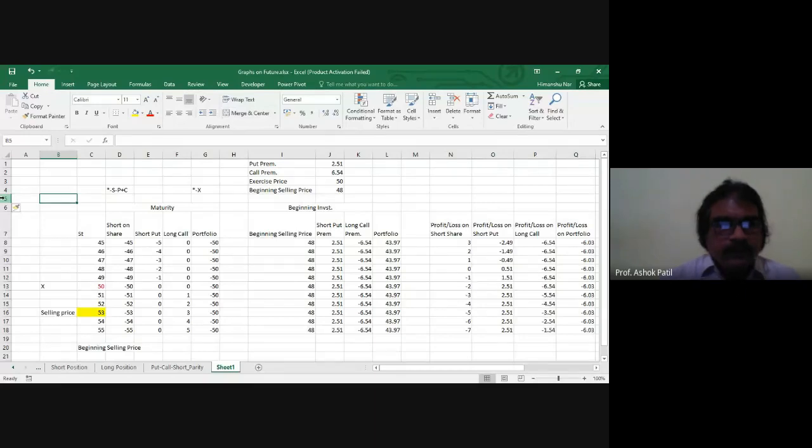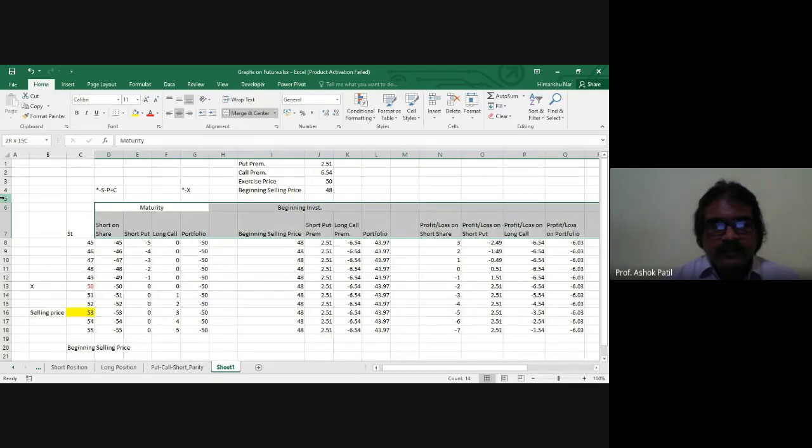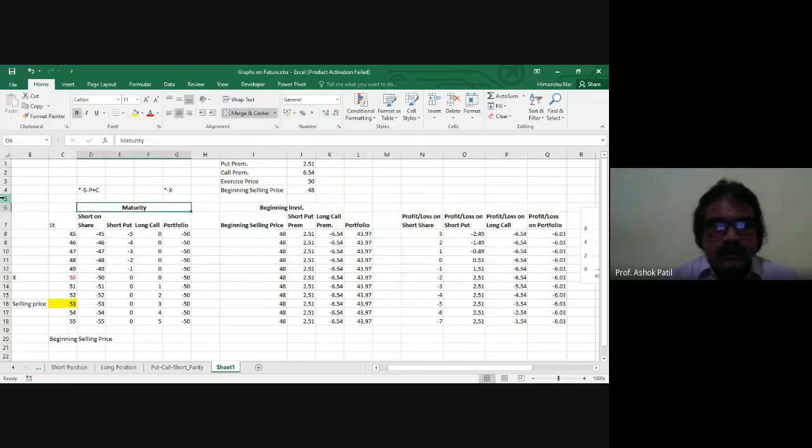Okay, now make this 6 and 7 bold. Row 6 and 7, sir. Yes, that you make bold. Make the entire thing, the whole thing you can make it bold, no? Yeah, all that you can make bold. Okay. Beginning investment increase up to column L.